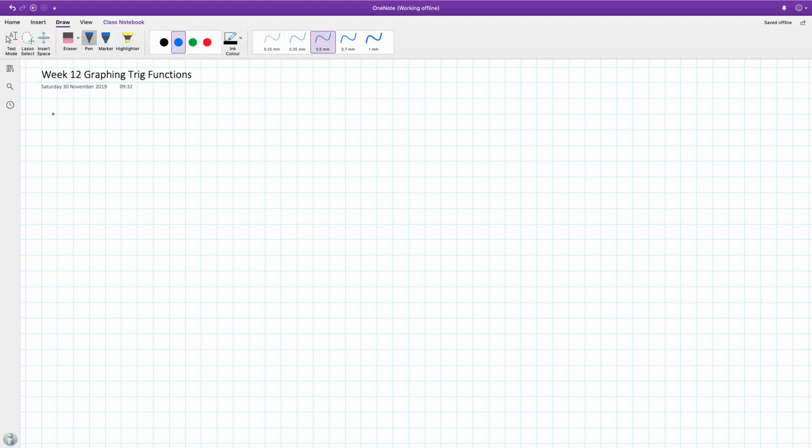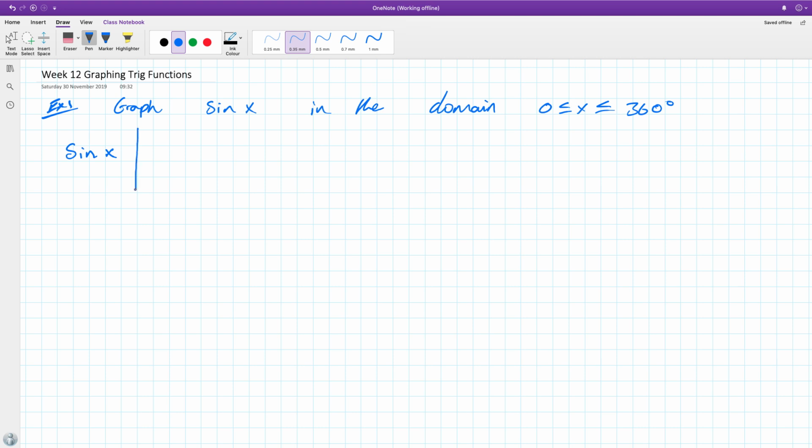So we're going to graph the sine of x in the domain between 0 and 360. Zero, 90, 180, 270, 360.